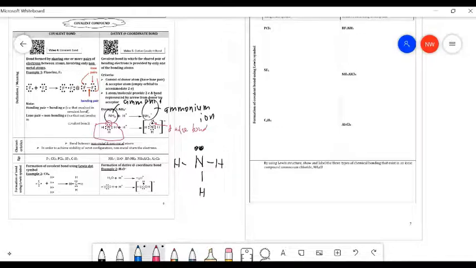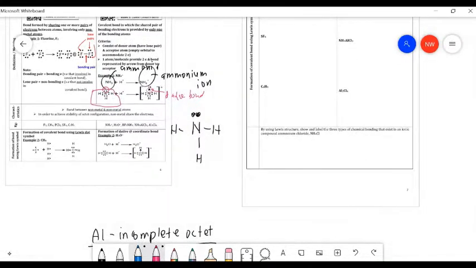Alright. Other examples are the H3O+ ion, BF3 with NH3, NH3 with AlCl3, and also Al2Cl6. For water, H2O, the oxygen has the lone pair.